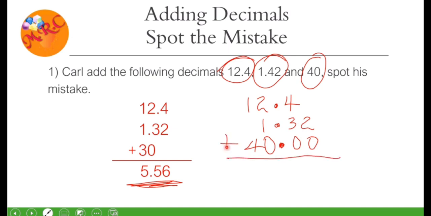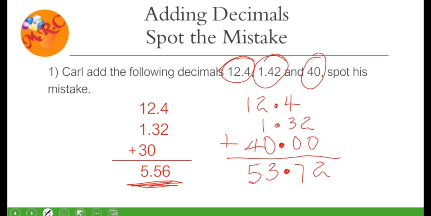So it is 0 plus 2, which is 2, and then 3 plus 4, which is 7, and then put our decimal point, and then it is going to be 0 plus 1 plus 2, which is 3, and then 4 plus 1, which is 5.